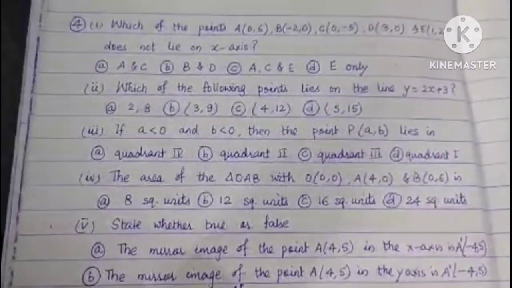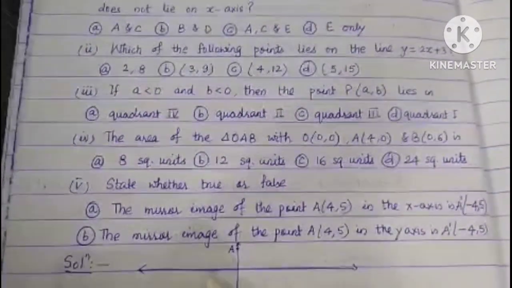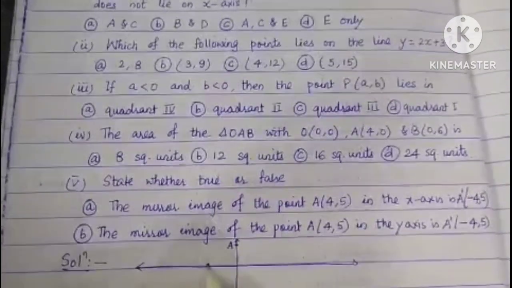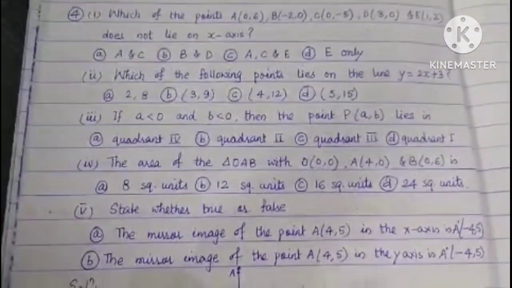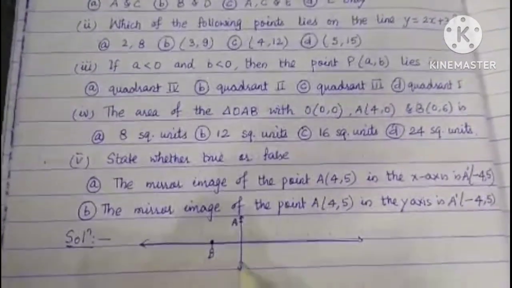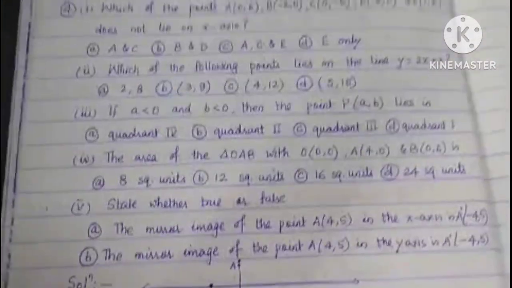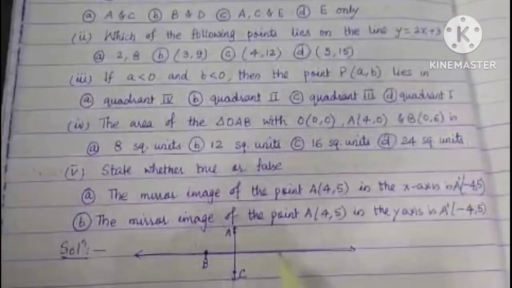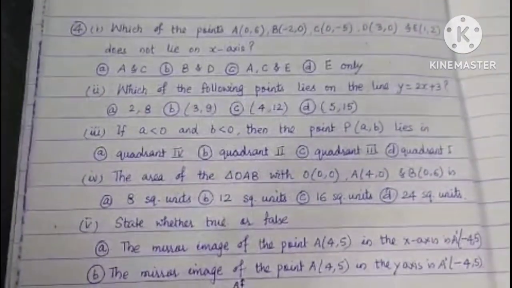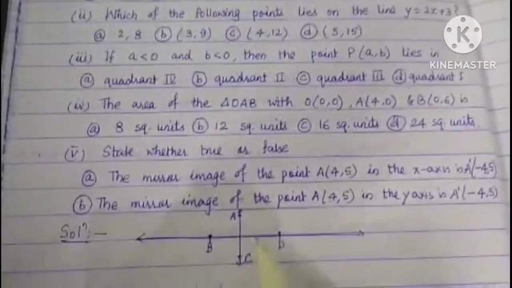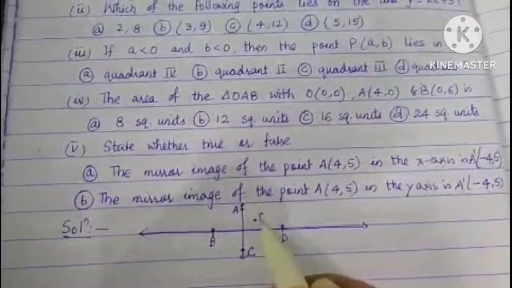The point B is minus 2, 0. Suppose this one is minus 2, so the point B will lie here. C is 0, minus 5. Suppose it is here, so point C will lie here. Now D is 3, 0. Suppose this is 3, then point D will lie here. And E is 1, 2. Suppose this is 1, 2, so point E will lie here.